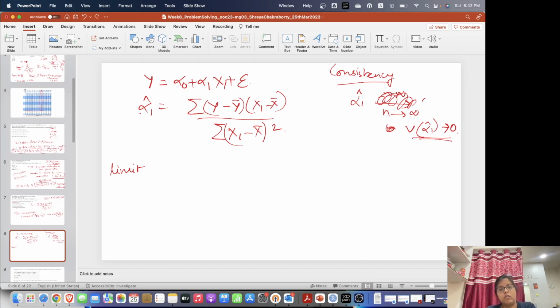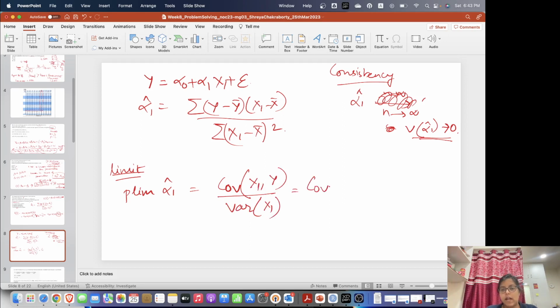So in the limit sense, in probability, this would go to the covariance between x1 and y divided by the variance of x1.